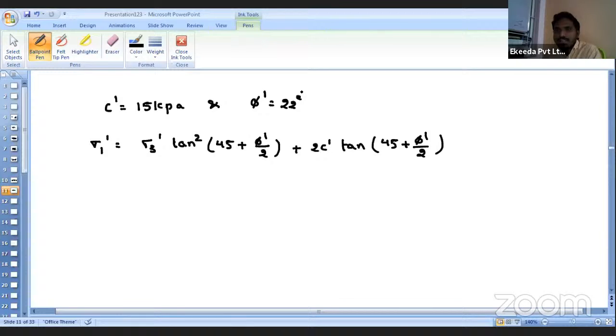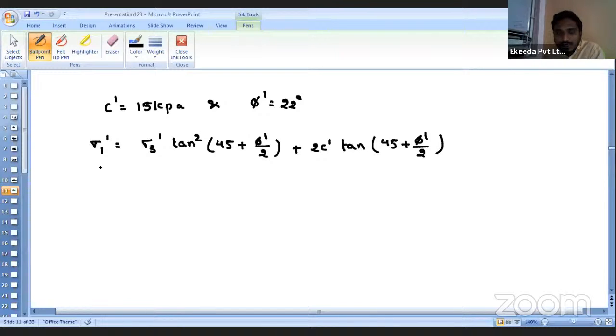If we are conducting the undrained test, we use the total stress parameters. So that is the difference. Both will be subjected to the same magnitude of stresses, but their stress parameters, that means cohesion and angle of internal friction, will be different in drained and undrained.